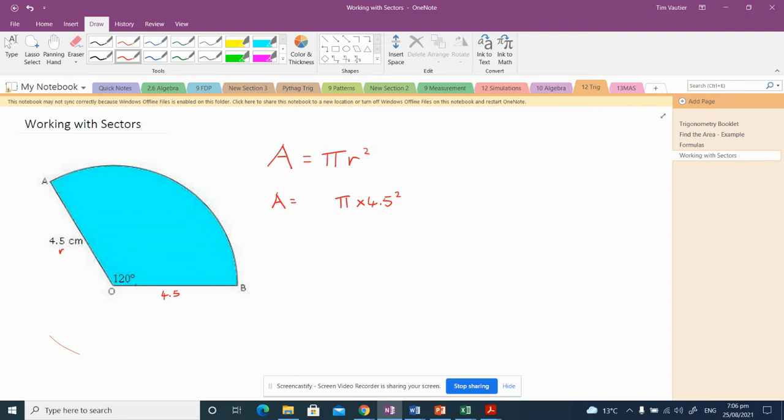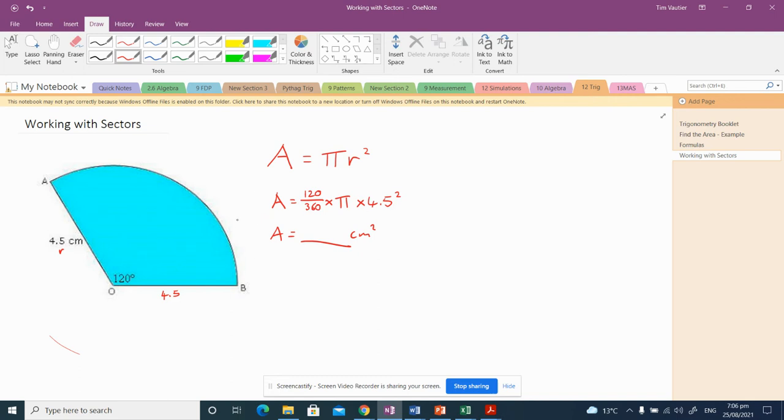We've got 120 degrees, and a full circle is 360 degrees. So essentially, we've got 120 out of 360. That's the fraction of the full circle that we have. If we calculated that, that would give us the area, which would be in centimetres squared. So you can calculate it that way.